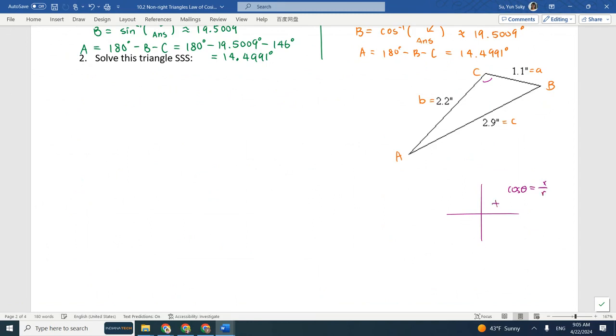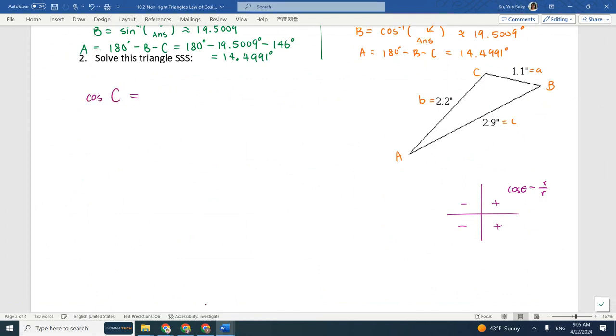In the first quadrant it is positive, the second quadrant is negative, the third quadrant negative, the fourth quadrant positive. So if you look at this picture, it looks like C is the obtuse angle. So this angle is in quadrant 2. Then the cosine would be negative. Okay, so let's find that.